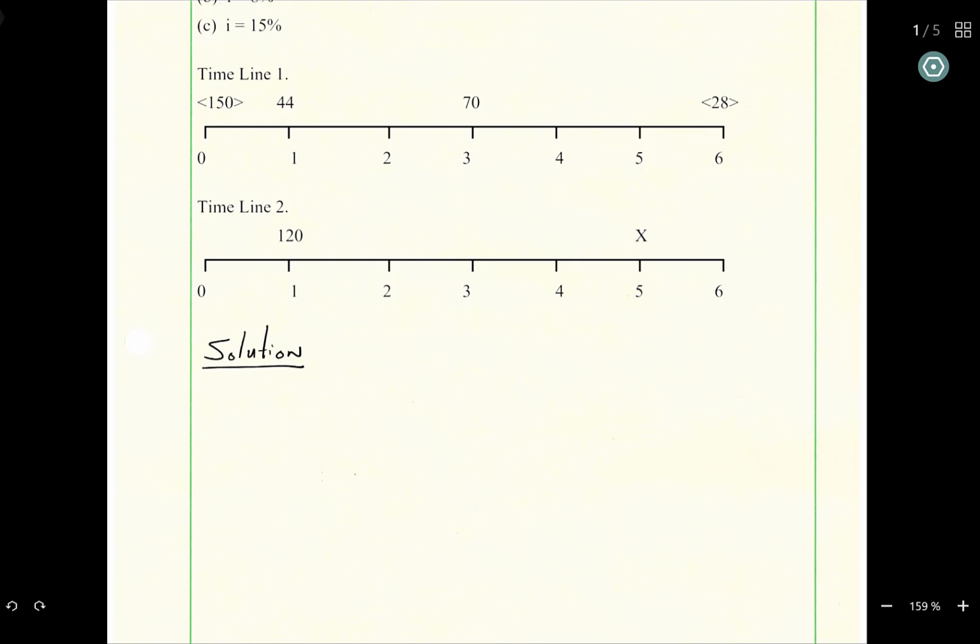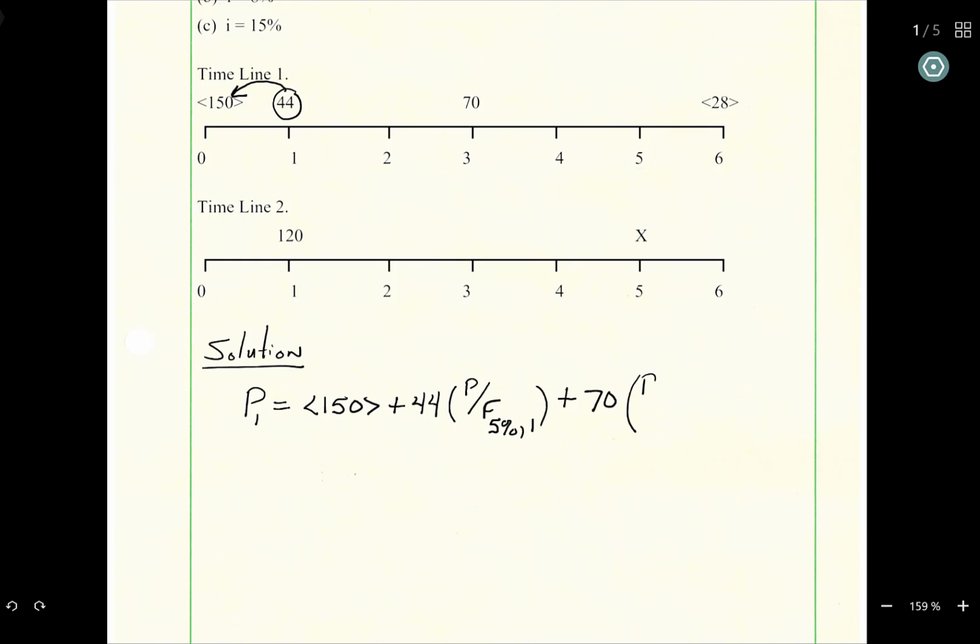The first step in the solution is to calculate the present value of timeline 1 by bringing all values back to time 0. We start with the minus $150, which is already at time 0. We can add to this the $44 once it's brought back to time 0 using a P over F factor at 5% interest and bringing it back one compounding period.